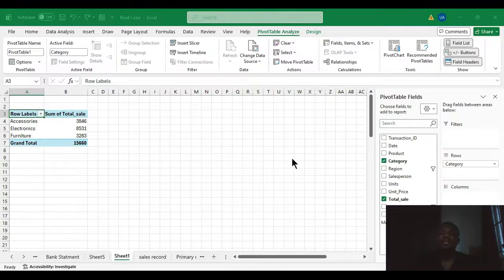So if it is higher than 500, then what we want to leave as a remark is we want to say it is high sale. Then if it is lower, we want to say this is a low sale.